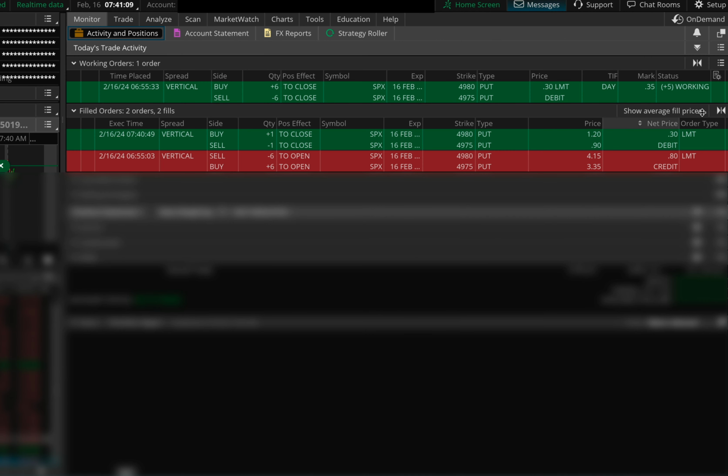Oh, it's been doing this a lot lately. It'll just do a couple of them and then it will not do the others. So it closes them in sections. It looks like it only closed one of them at 30, and we're waiting for the other 5. So I'll give it a second here. Come on. Might as well get it over with.